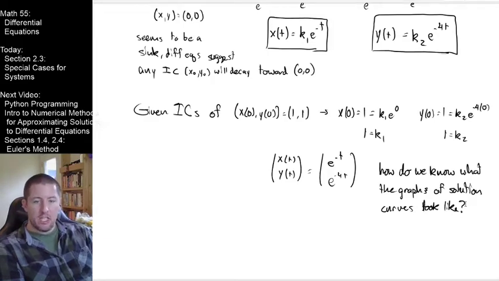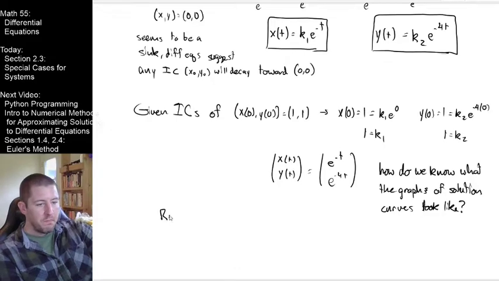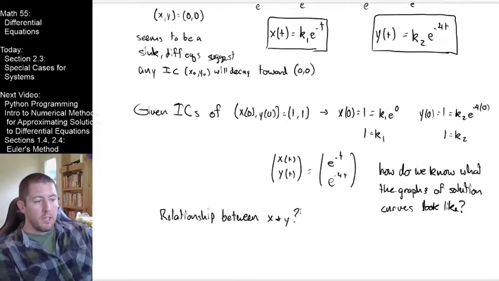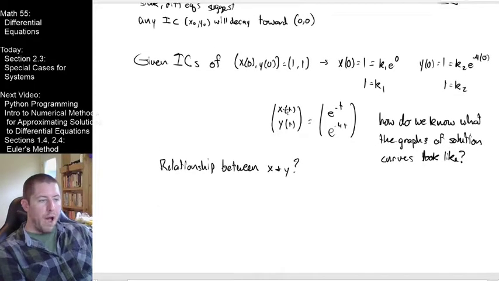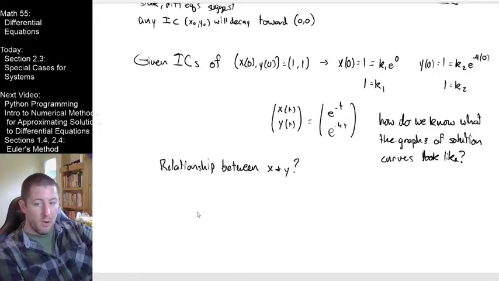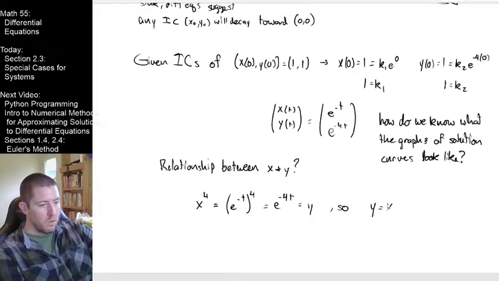Do we see a nice relationship between x and y? It looks like you could just take the fourth power of x and you would get y. That's pretty cool right there.